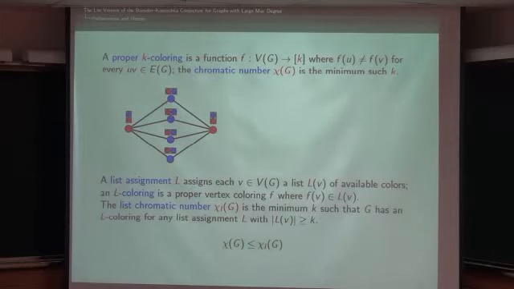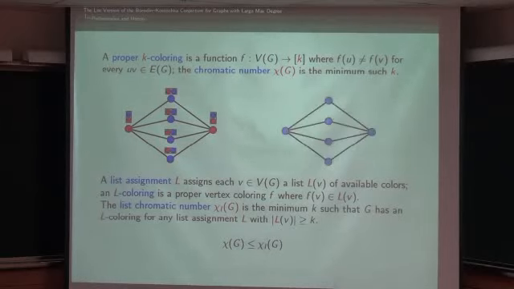Since this is a generalization, one would expect that the list chromatic number is at least the chromatic number because you can always vary the lists on the vertices. So if you give me the same graph, I will give each vertex 2 colors, but with some variation, in the sense that not all the vertices have the same colors.